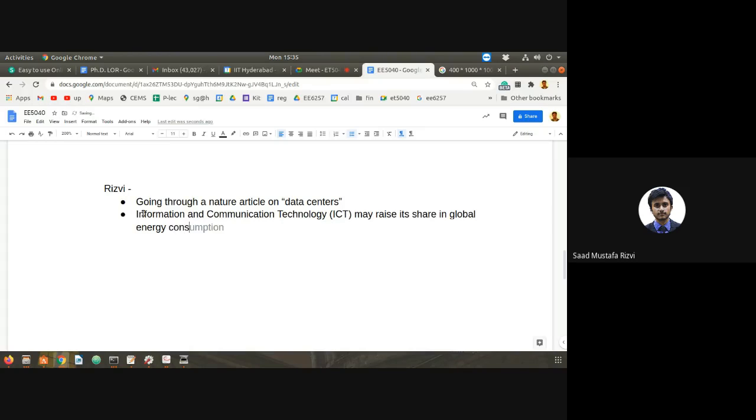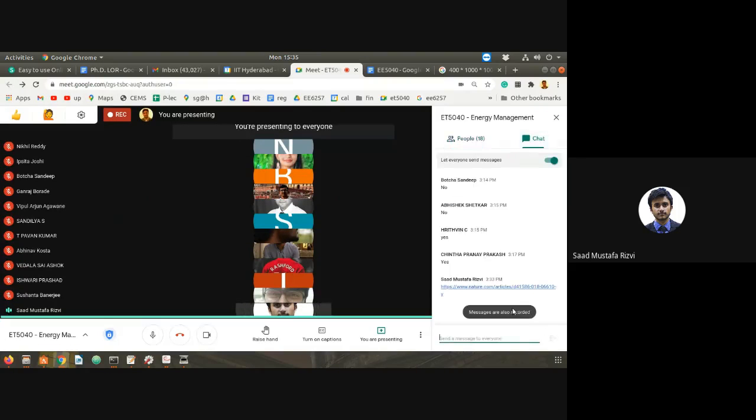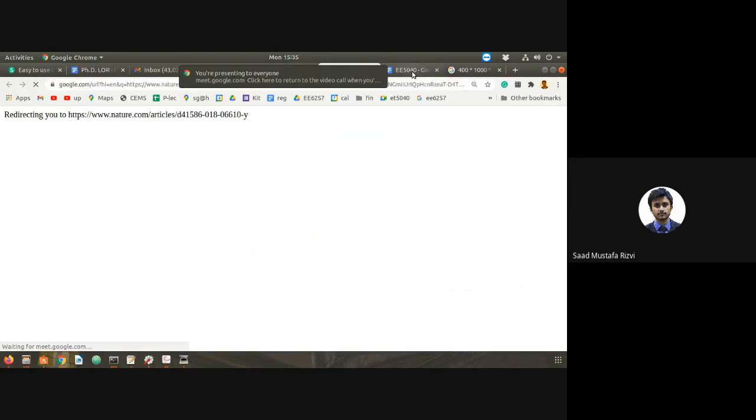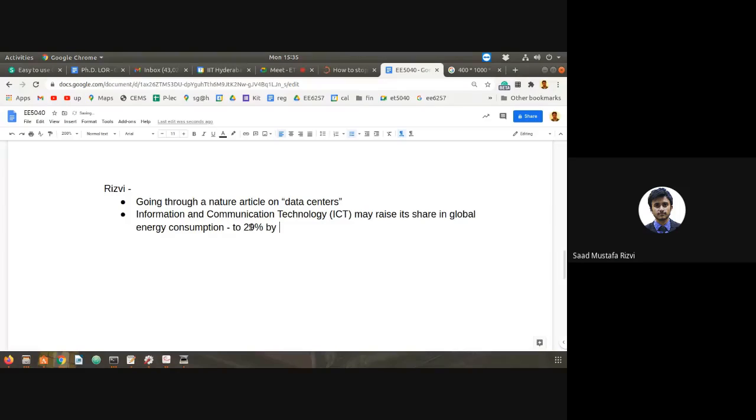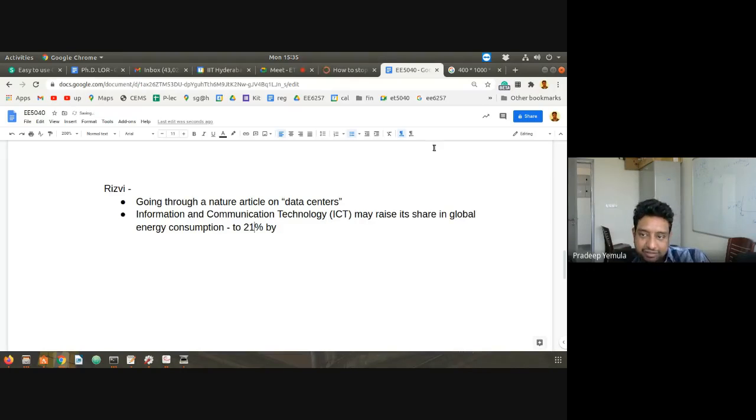I've pasted an image in the chat box. It's a very interesting image, so the data is there. So global energy consumption, you're saying by 20.9%, 21%.